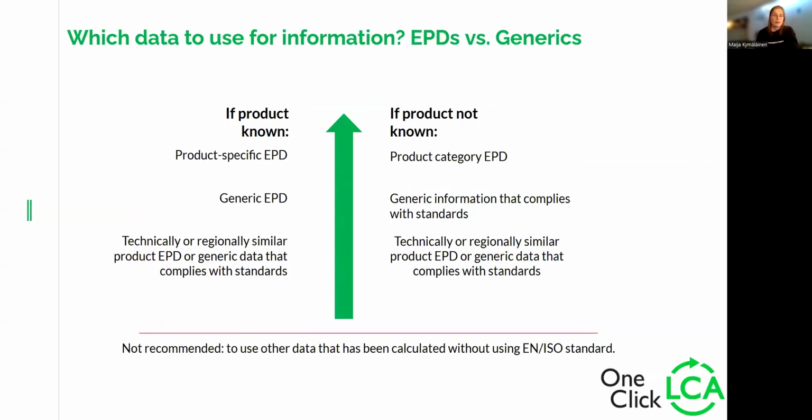And just a quick overview of what data to use for information. So EPDs versus generics. So if you are in a situation where the building product is known, you should always go for the product-specific EPD if that exists.